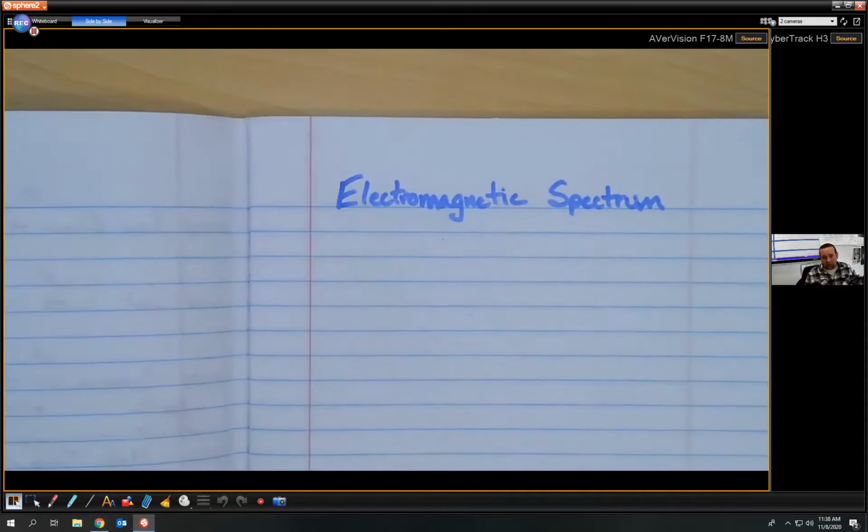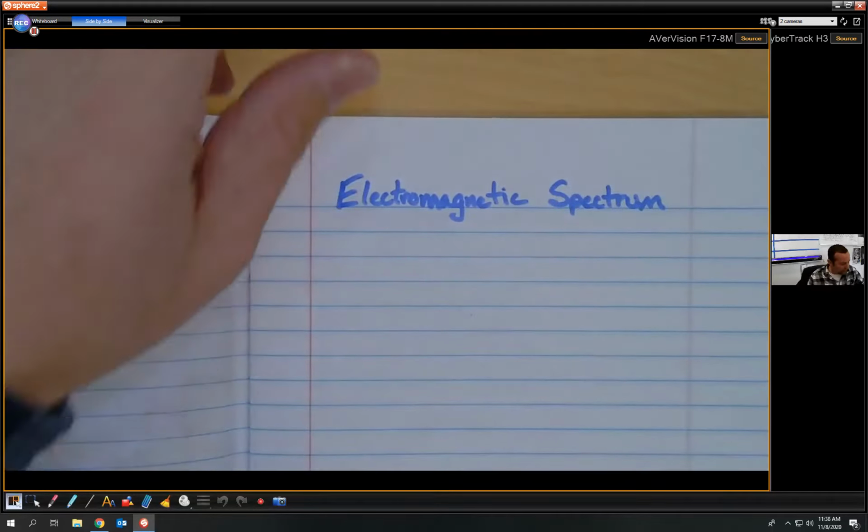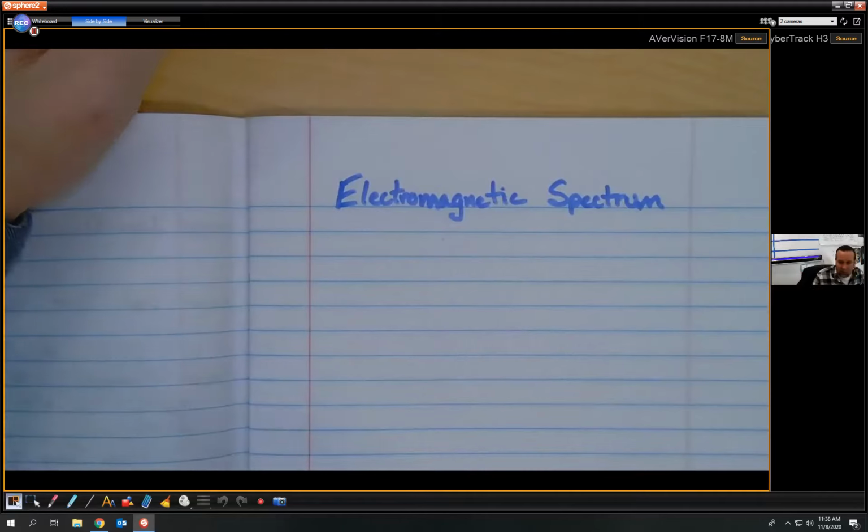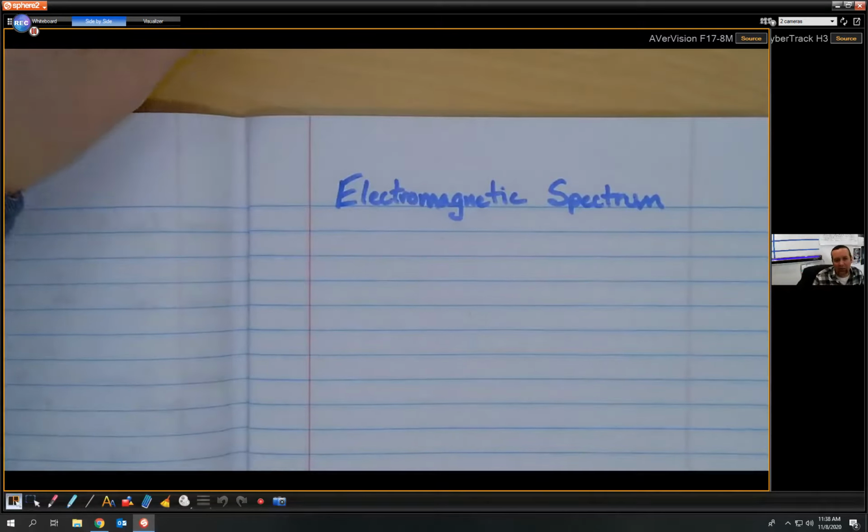So, go ahead and write that down. Your page should look like mine for this assignment. I'm not quite sure why we call light in our entire unit of study when it's actually called the electromagnetic spectrum. I think it's because it's a big word and it means a lot.